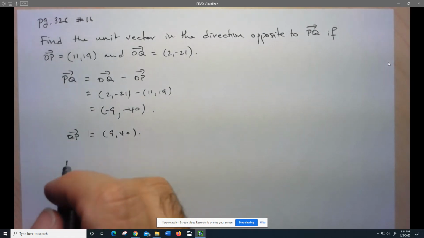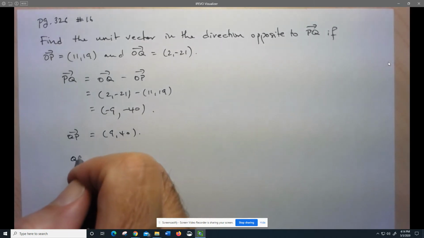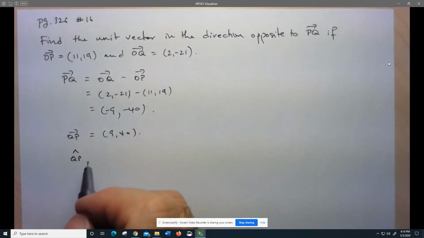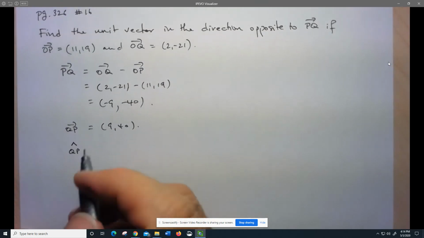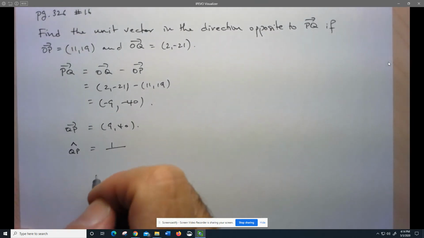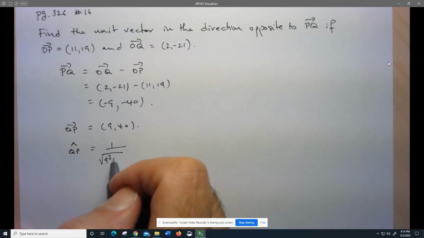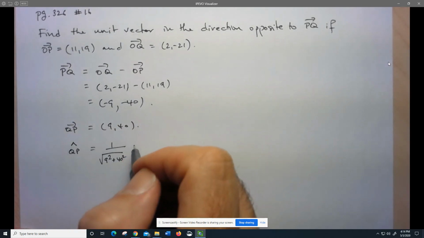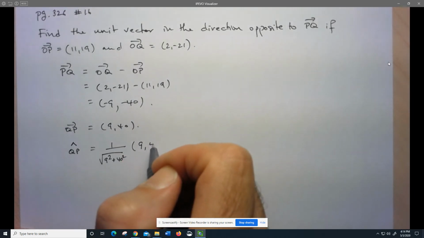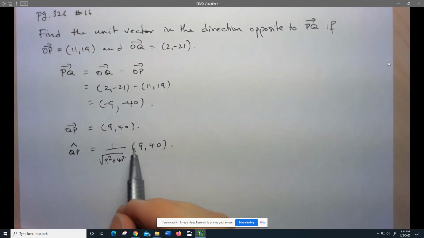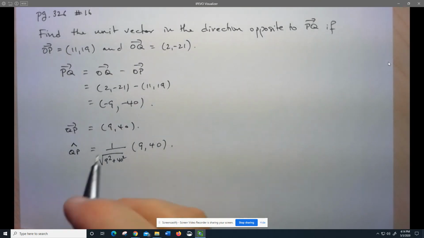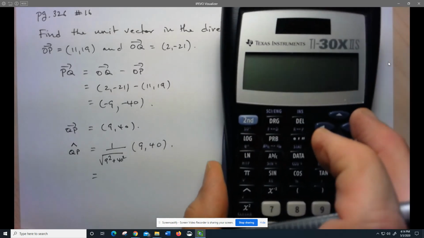So if I'm looking for, and I'll use the hat notation, the unit vector in the direction of QP, that's going to be equal to 1 over the magnitude, which is the square root of 9 squared plus 40 squared, times the original vector, which is equivalent to taking the vector and dividing by the magnitude. I think in the question they actually asked for the components, so let's make sure we find the components of those vectors.